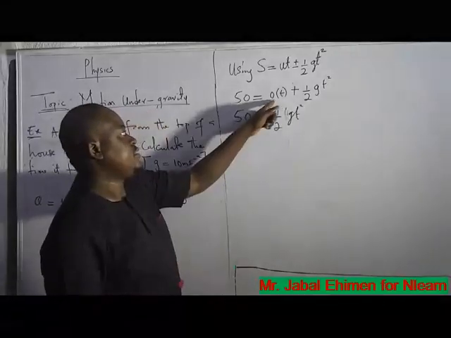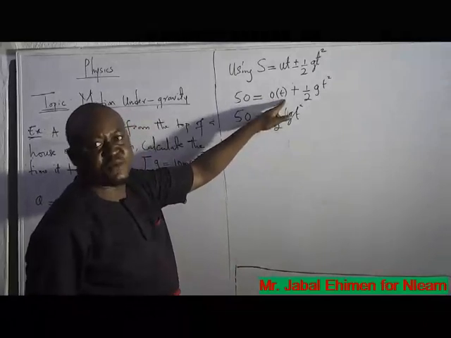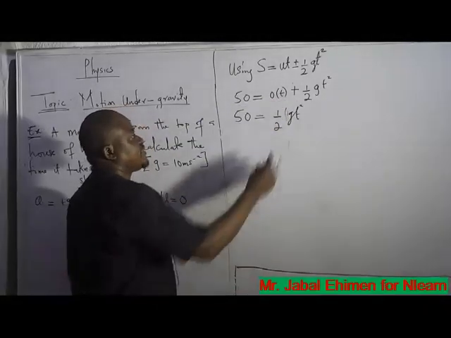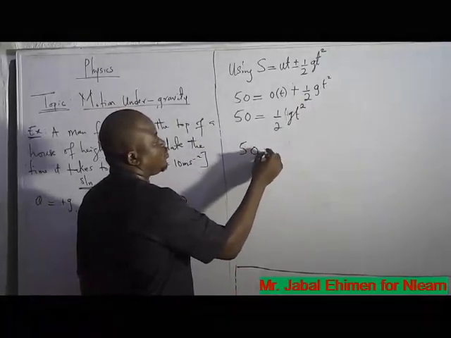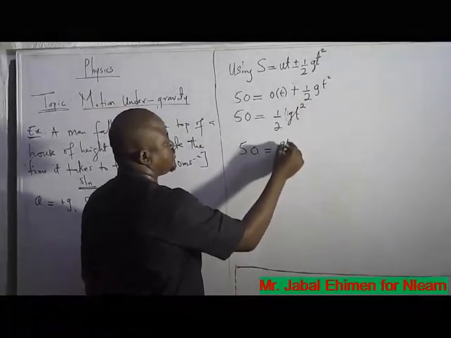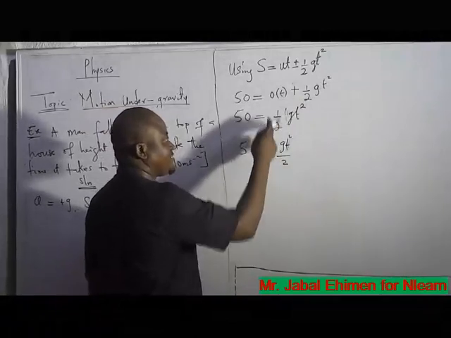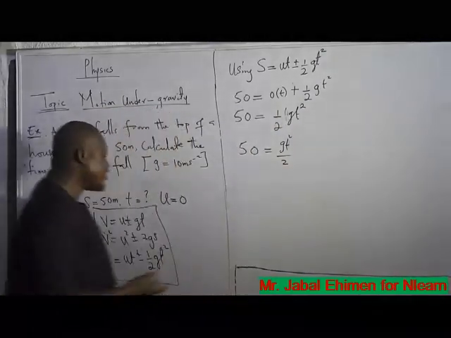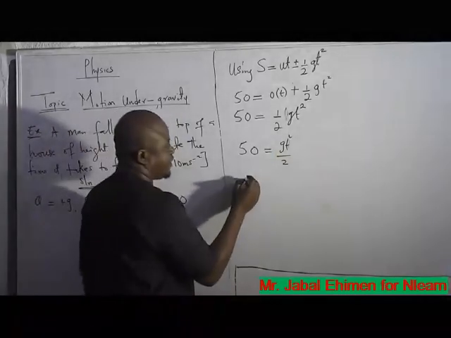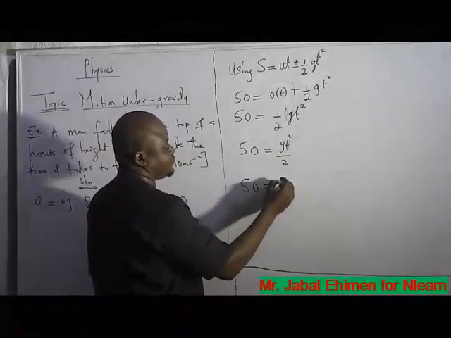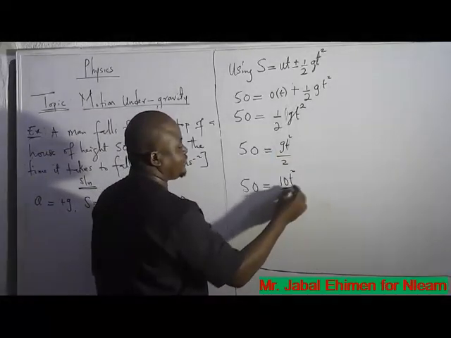Now, this will disappear because 0 times anything will give me 0. So what's my next value? So I'll have 50 is equal to gt squared over 2. It's still the same thing as half gt squared. But funny enough, what's the value of g? The value of g is 10. So I will have 50 is equal to 10 t squared over 2.